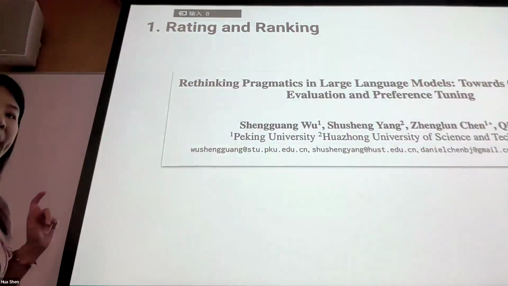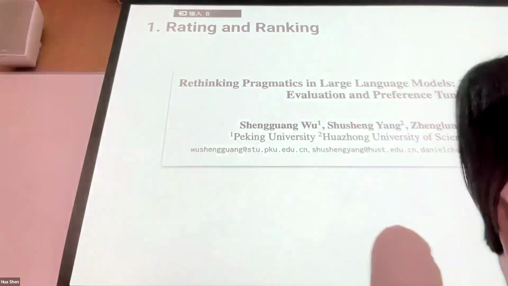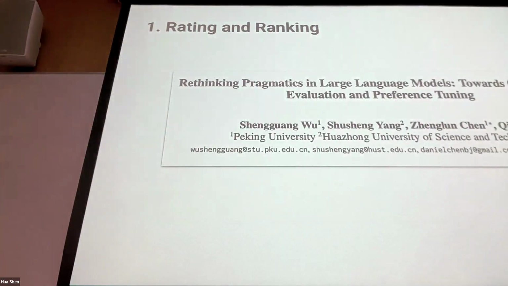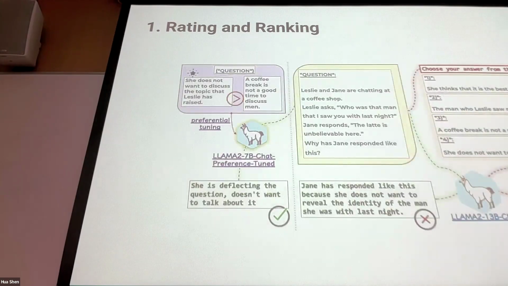And another very important example is shown in this paper, named Rethinking Pragmatics in Large Language Models: Towards Open-Ended Evaluation and Preference Tuning, which was published last year in EMNLP, where you can see that they also ask the LM or the human to do rating and ranking. They ask the LM a question, and then it generates different outcomes.